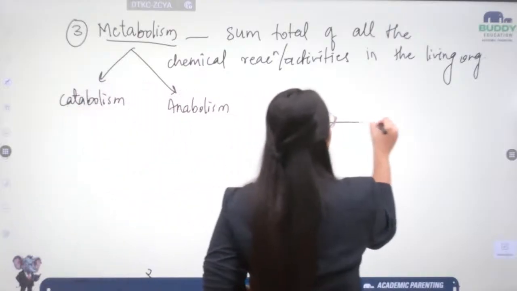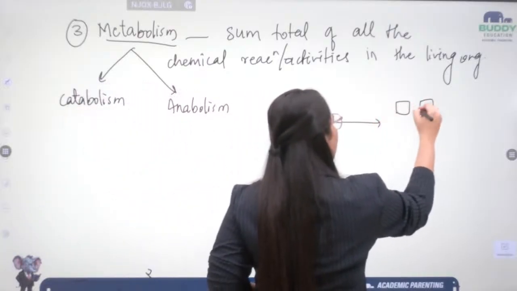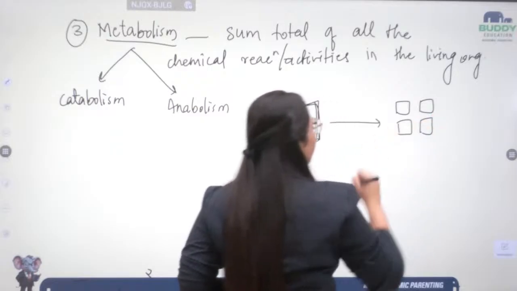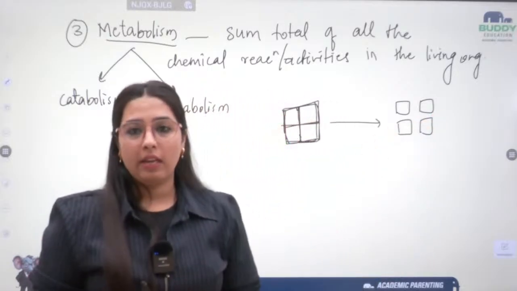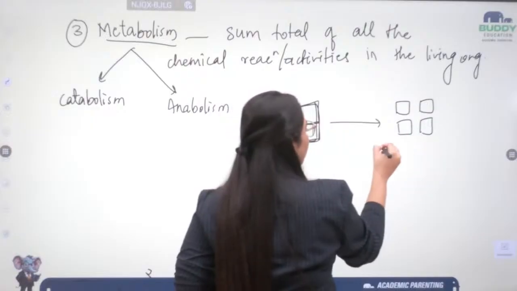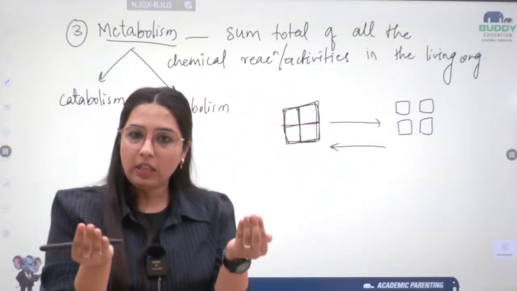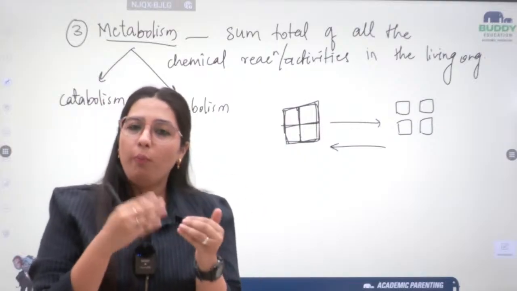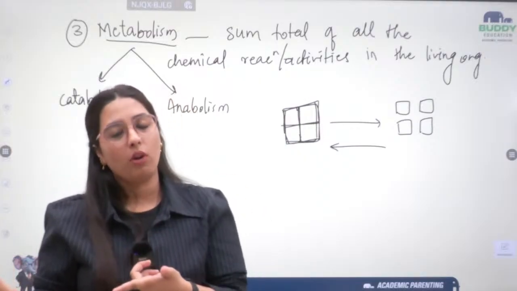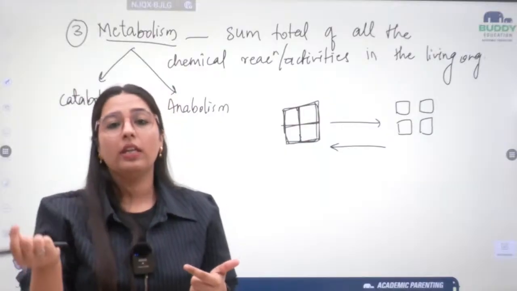So I'll be breaking it into 4 small cubes, 1, 2, 3 and 4. Now I want to make it again. So I am breaking the bonds and I am making the bonds, both are included in metabolism. One is breaking and other is making.